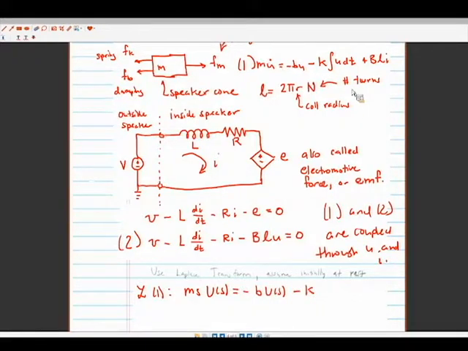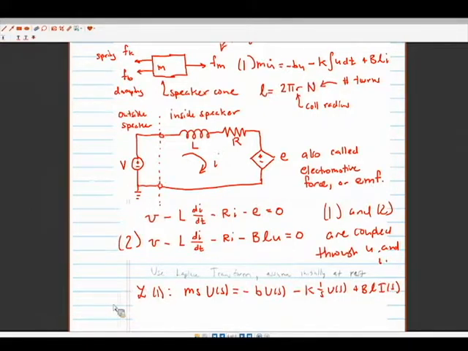This is the integral, right? So the integral is 1 over s, or divided by s, in the frequency domain. And then we have our current function, which is going to be B L I(s).